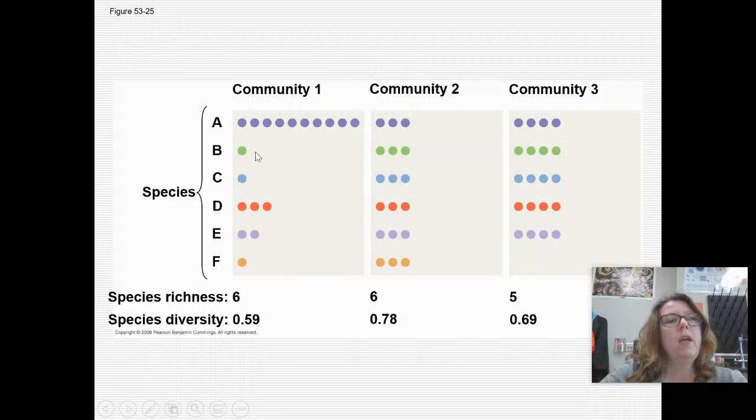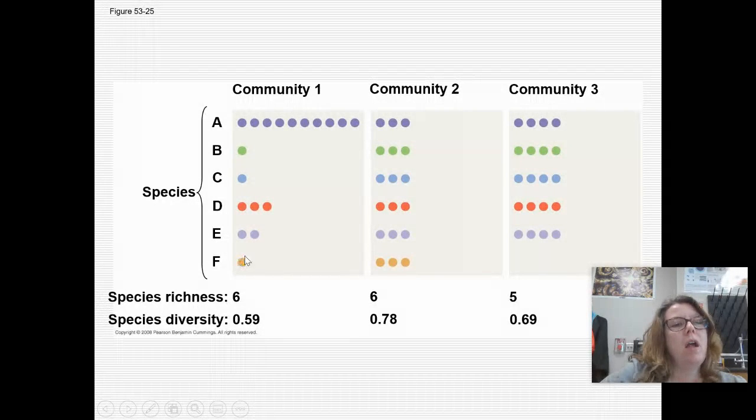All right, so here are some examples of how you would look at different communities. So this has a species richness of 6, right? But notice species B, C, and F really only have one of each organism. Species E, there's 2. D is really 3.